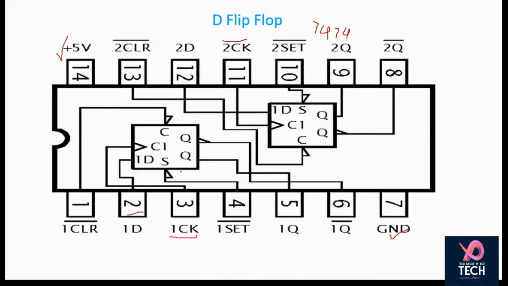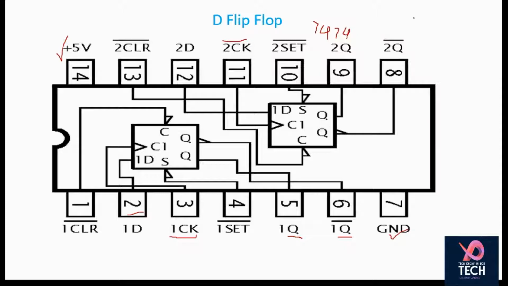When this is low, your output will be high. You have two outputs. On pin number 5 your output is Q, on pin number 6 your output is Q bar. That means they are complements of each other, and similarly the same set is there.